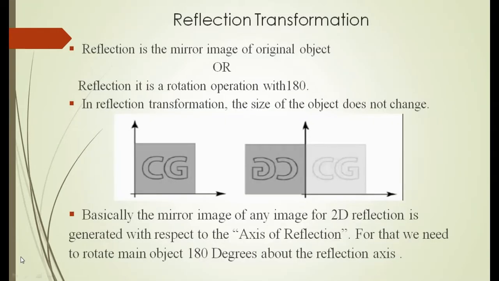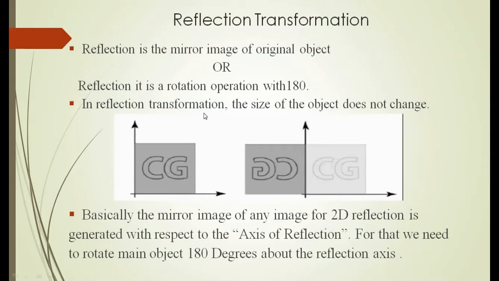Coming to our today's session, reflection transformation. What is meant by reflection? Reflection is the mirror image of the original object, or a rotation operation of 180 degrees. Reflection is one type of transformation which produces the mirror image of the object.